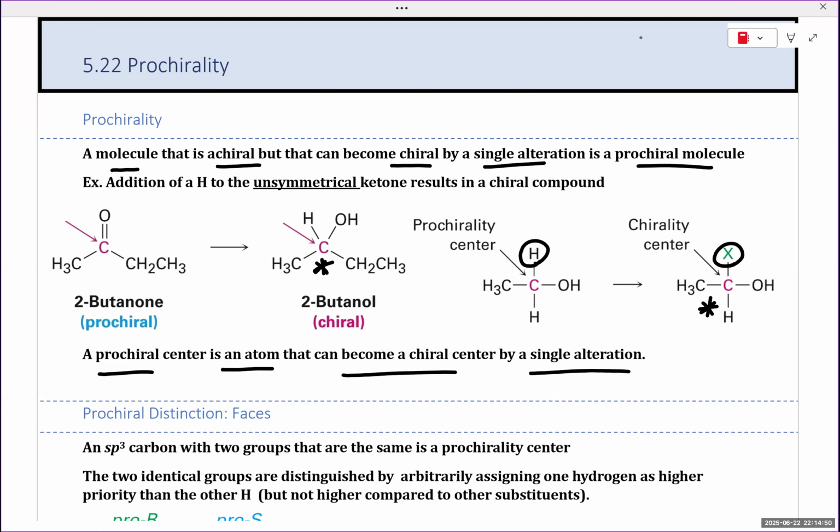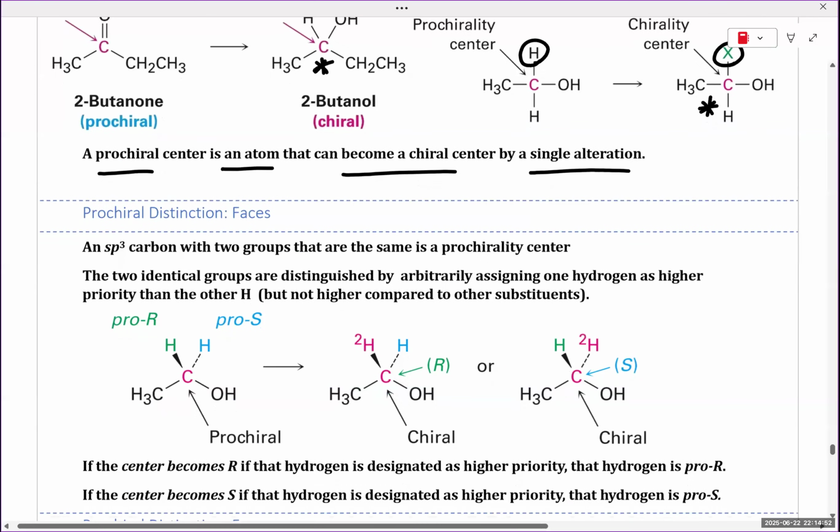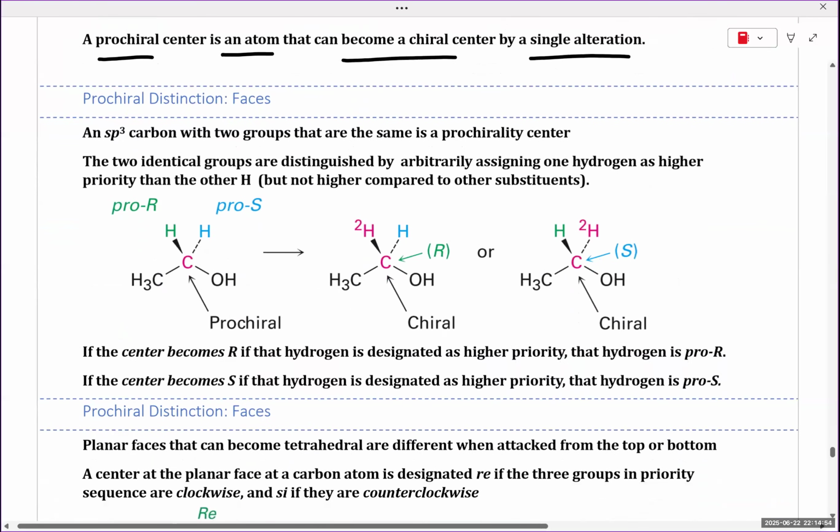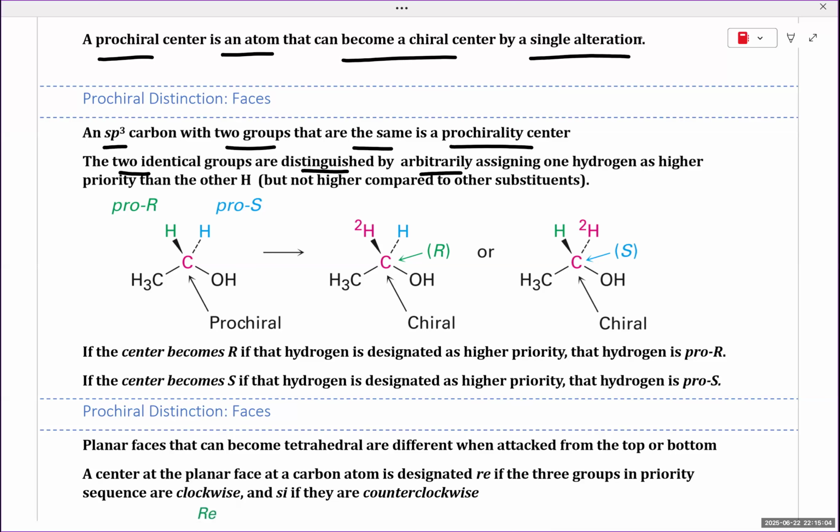When talking about prochiral distinctions, an sp3 carbon with two groups that are the same is a prochirality center. The two identical groups are distinguished by arbitrarily assigning one hydrogen as higher priority than the other.